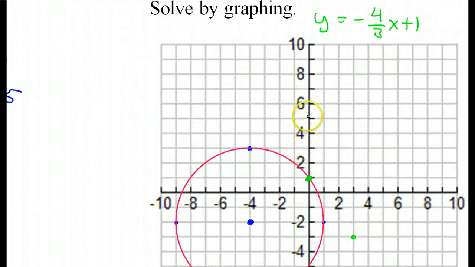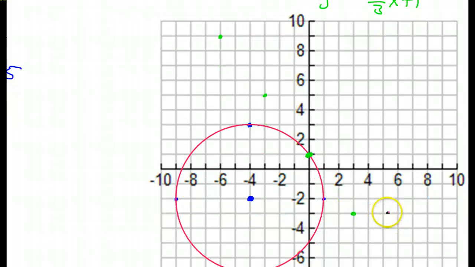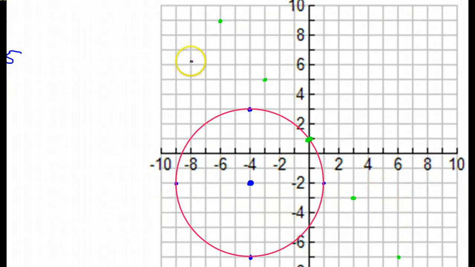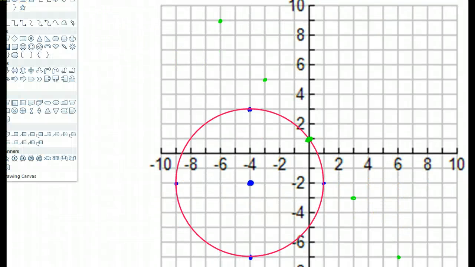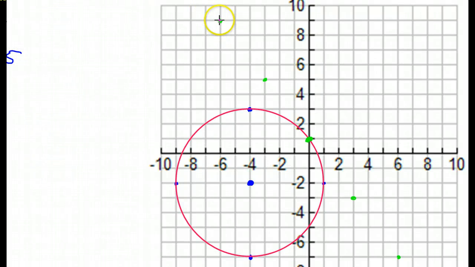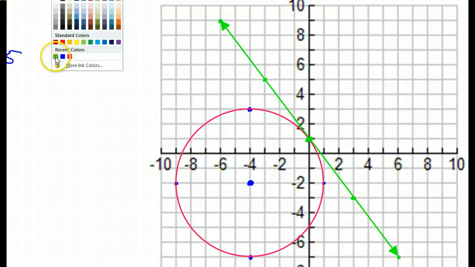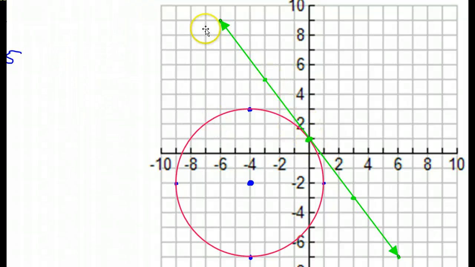And up 4, back 3, repeat. Okay, so there's your line right there. And just like we thought, we're coming up with that one point of intersection, which is a point of tangency.